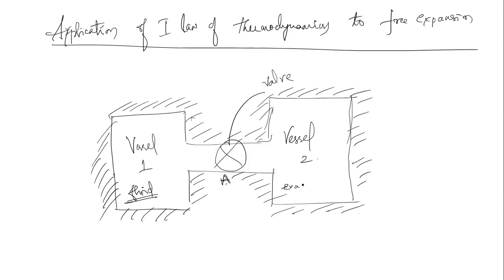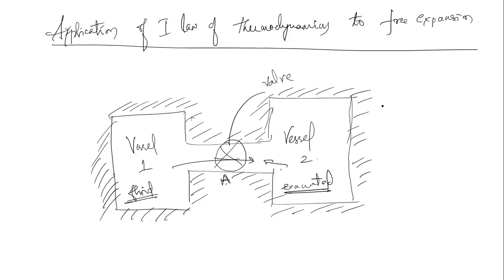Evacuated means there is a vacuum. When the valve A is opened, the fluid in vessel 1 will rush into vessel 2. As it is evacuated, there is no resistance offered by vessel 2. This is nothing but a free expansion.